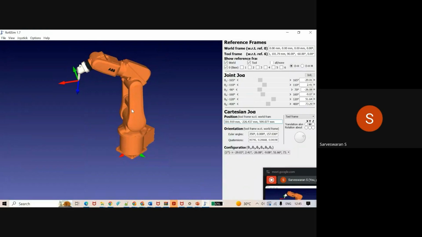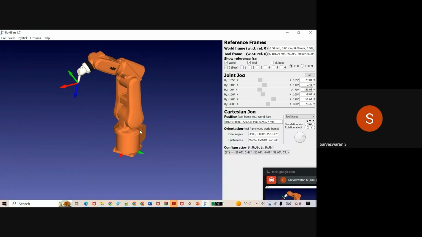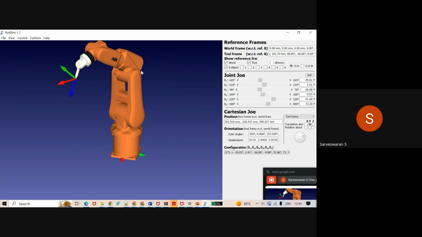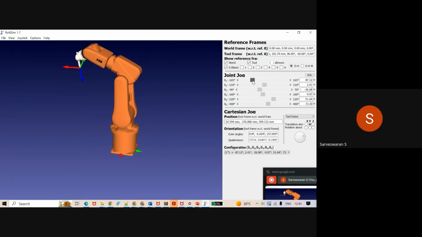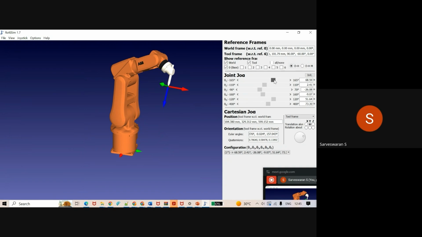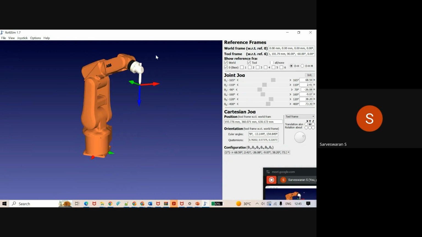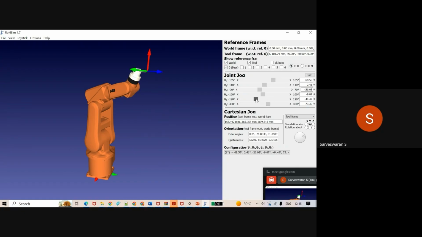When you look at here, this is the first joint. I think everyone is aware of this; you might have used RoboDK or RobotStudio or an actual real robot. This is your first joint, and this is your fifth joint. The actuation is based on an electrical actuator.